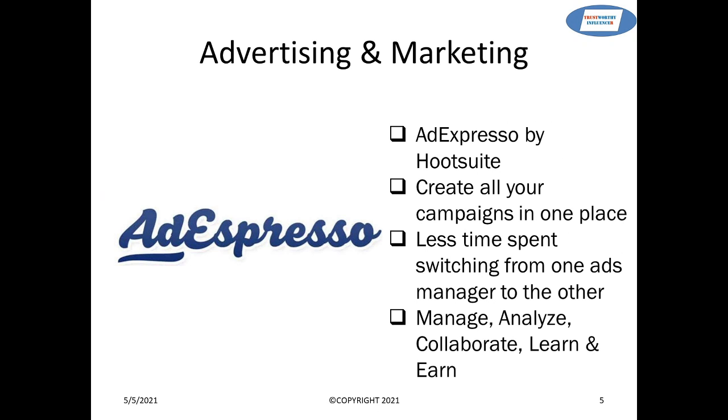The third one for today is for advertising and marketing. AdEspresso, which is a Hootsuite product, is an ideal product to create campaigns and manage them from one place. You can build multiple campaigns and also manage and schedule all of them using the Hootsuite scheduler.